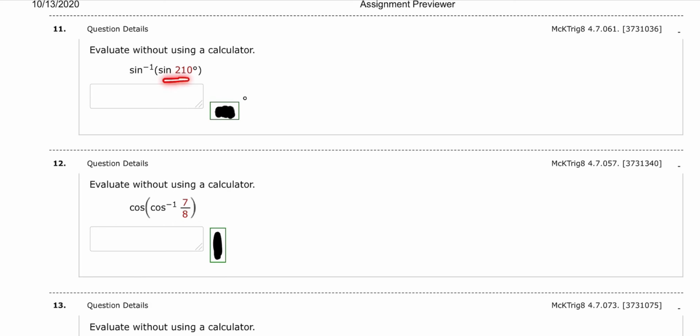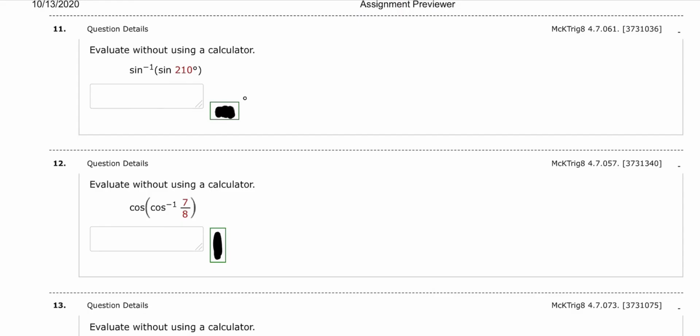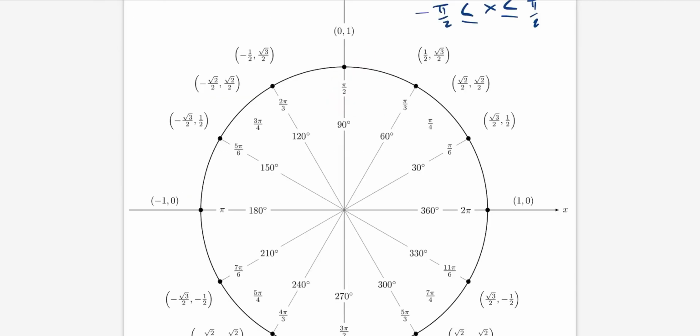For this one, you work from the inside out. So sine of 210 would be negative 1/2. And then we're looking for the angle that has a y-coordinate of negative 1/2. So that would be right here.